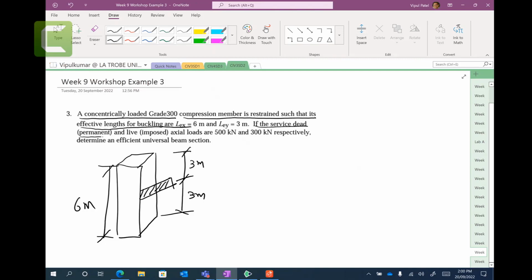If the service dead load and live load are given, dead load G is 500 kilonewtons, Q is 300 kilonewtons. Determine the efficient universal beam section. You might come across two kinds of questions in the exam after week number 4, after the wind loading.